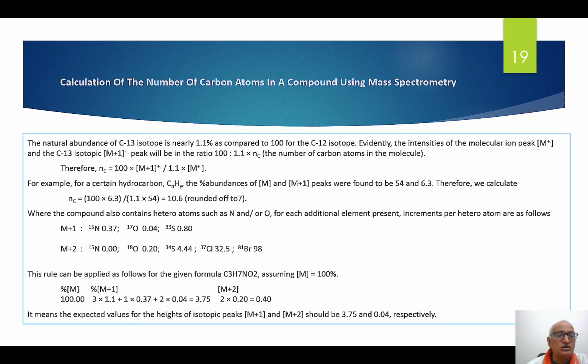That is the M plus 1 contribution. M plus 2 contribution: nitrogen 15, 0; oxygen 18, 0.20; sulfur 34, 4.44; chlorine 37, 32.5; bromine 81.